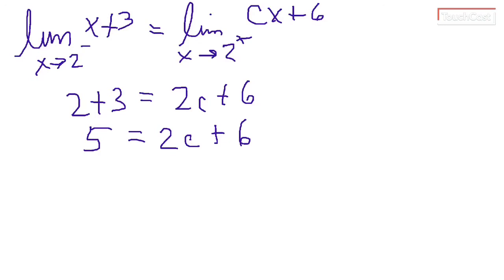Subtracting 6 from both sides, negative 1 equals 2c, and c equals negative 1/2. So if I choose c to equal negative 1/2, the limit as x approaches 2 from the left will be 5, the limit from the right will be 5, and that's equal to the actual function value, which is 5. If those three values are all equal, then my limit exists and is equal to the function value, and my function must be continuous now at x equals 2.